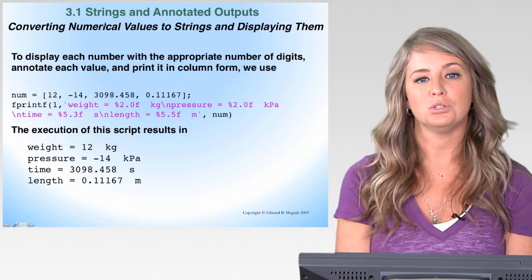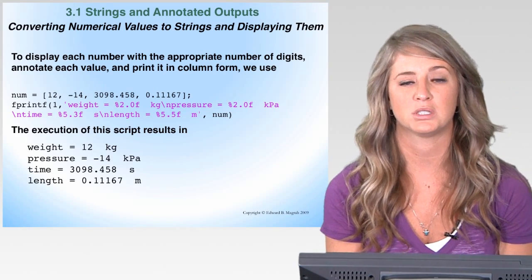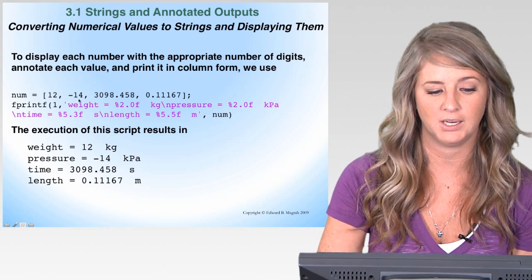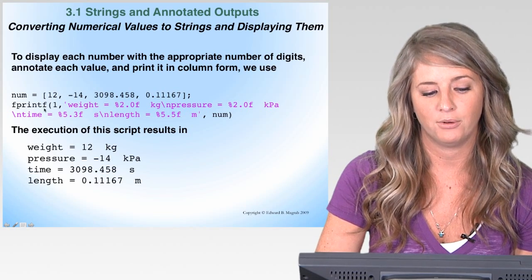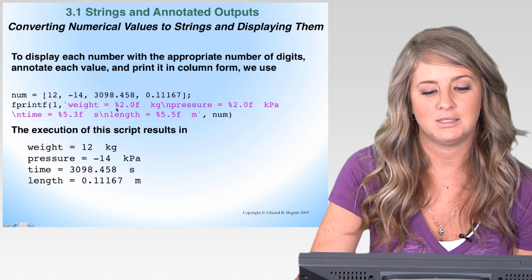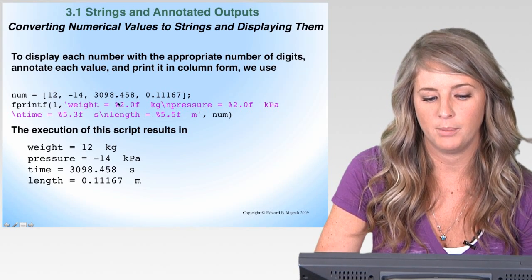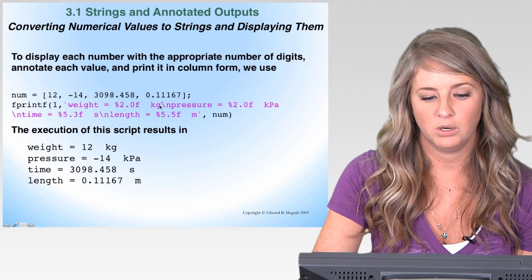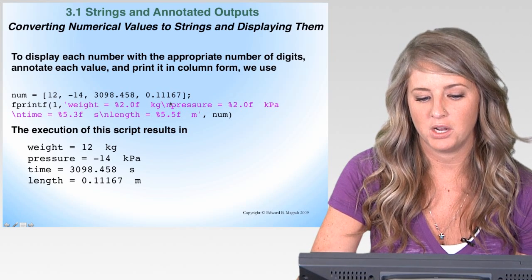To display each number with the appropriate number of digits, annotate each value, and print it in column form, we can use this syntax here. We have that same vector as before for num, but this time we have fprintf 1, again just displaying to the command window, and we're saying weight is equal to %2.0f, so a minimum of 2 digits, 0 decimal places, then a space, kilograms, and then \n.